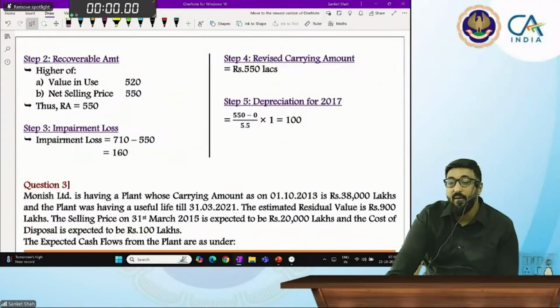5.5 why denominator? Because life is 6 years. Out of that 0.5, we have already calculated. So after this, you are left with 5.5 years.